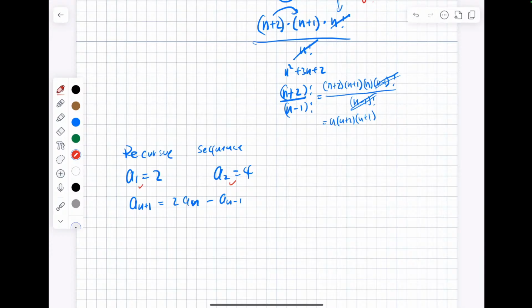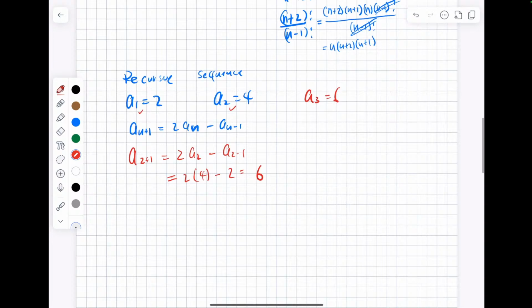Well, A3 is equal to a_{2+1}, which is 2a_2 minus a_{2-1}. I basically replace the n with 2, so I can get 3. And then I can say, oh yeah, that's going to be 2 times A2, which is 4, minus A1, which is 2, so the next term is going to be 6. So A3 is equal to 6.